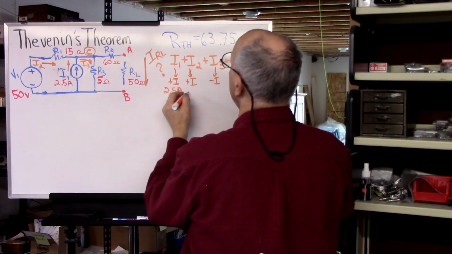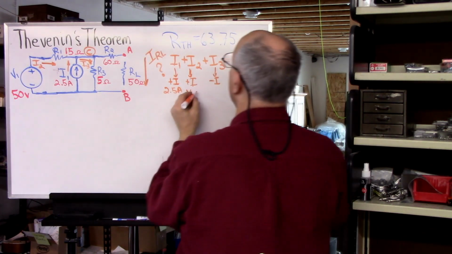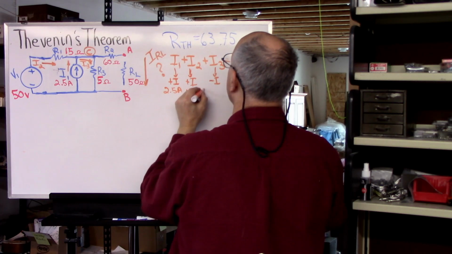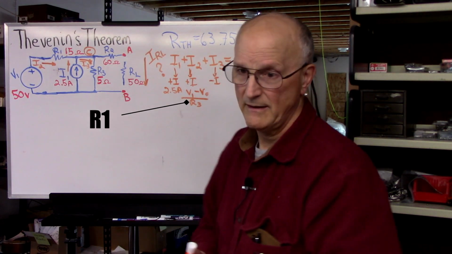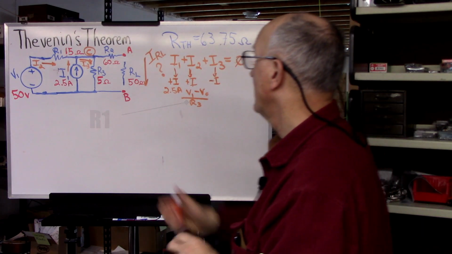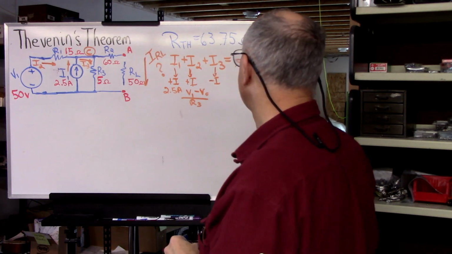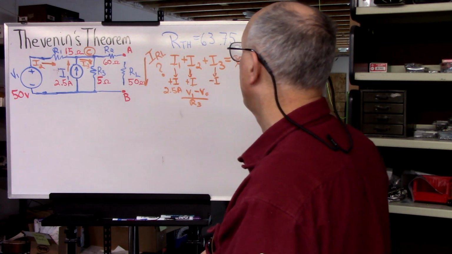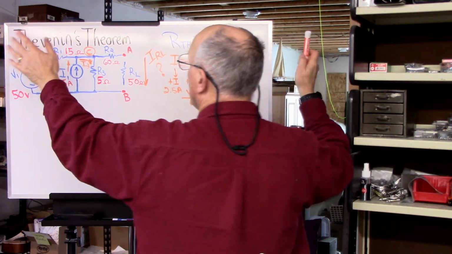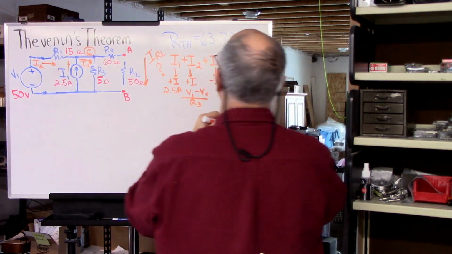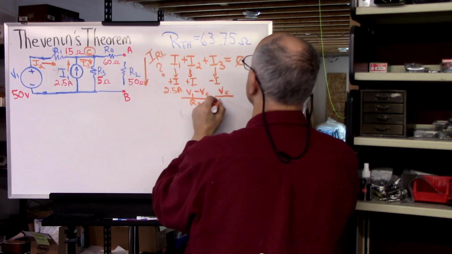So I2 is the voltage here minus the voltage here, divided by the resistance R1. So that is the current coming in from that direction. I3 is, again by Ohm's law, the voltage across the resistor, which is VC, divided by the resistance R3.